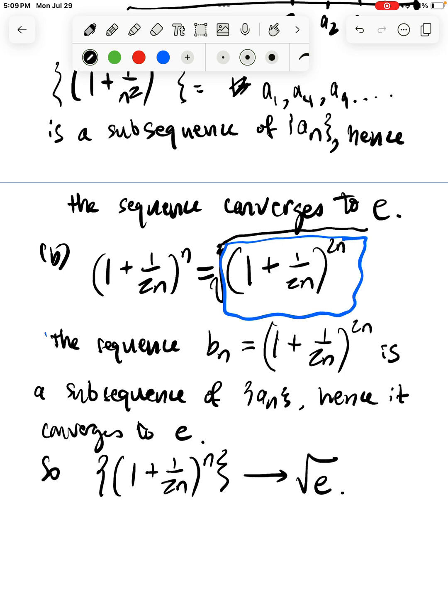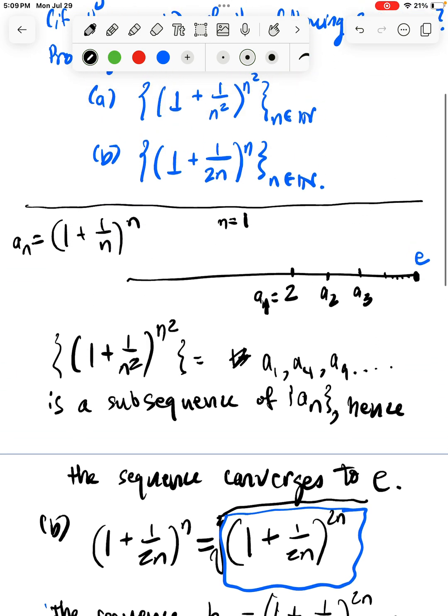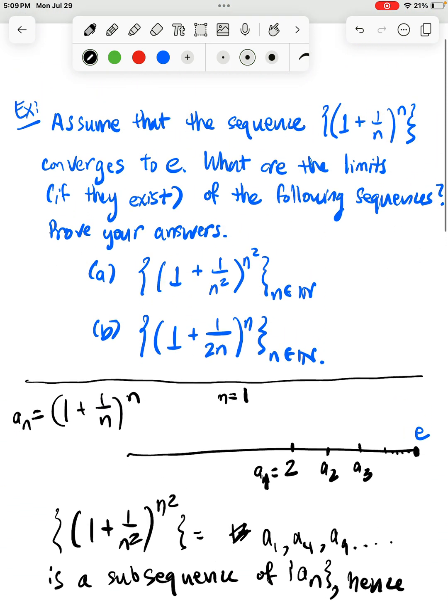Basically for this problem, the idea is you want to have some familiarity with how to work with these sequences, how to match one sequence with the next one, and then you want to be aware of when you have a subsequence. For instance, A was just a subsequence.